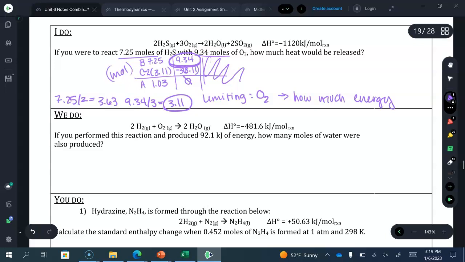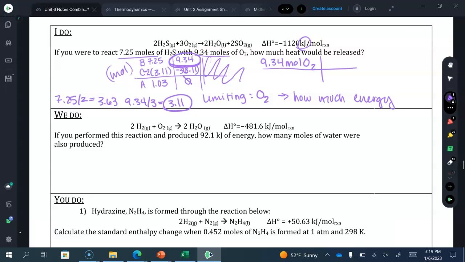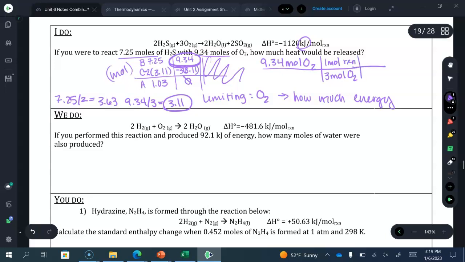Okay, so we're going to use the 9.34 moles of O2, and we're going to change that into kilojoules using all of our values. So our first one, and because it's me and I prefer to do a full conversion, I'm going to change my moles of O2 to the 1 mole of the whole reaction, and then I can use my energy or heat of reaction to determine the total energy.